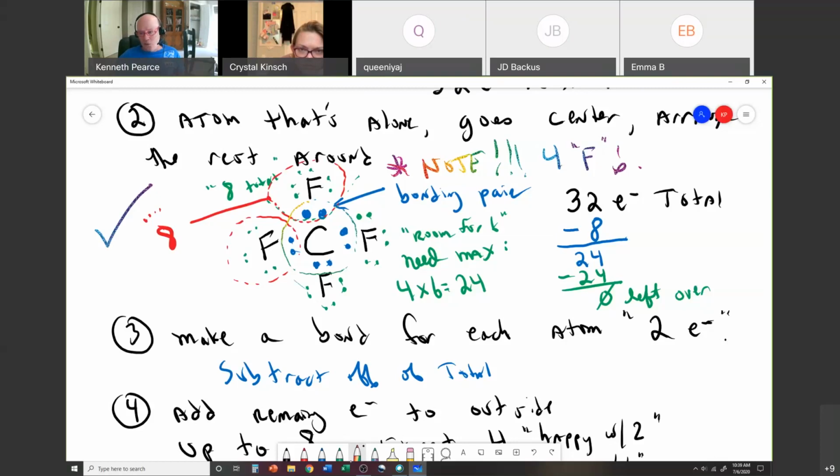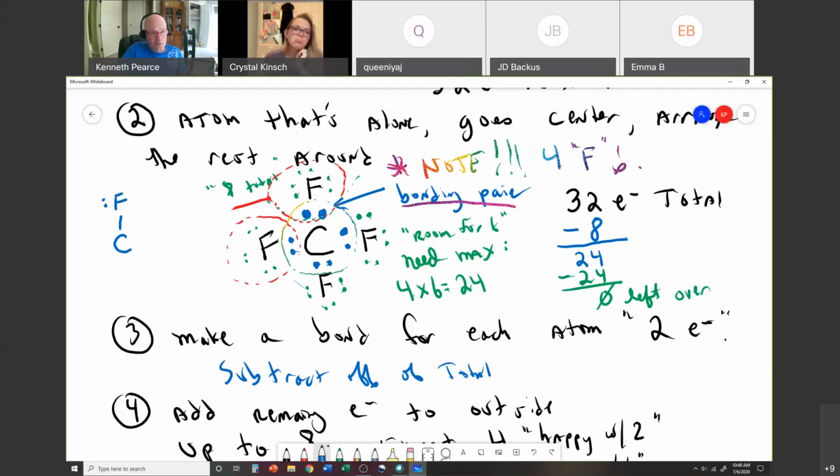Yay. So this is the structure, and if we were to write this out, a lot of times what we'll do is we will replace bonded pairs. See that bonded pair up here? A lot of times we'll replace these bonded pairs with lines. And so we'd say carbon with a line going to the fluorine.